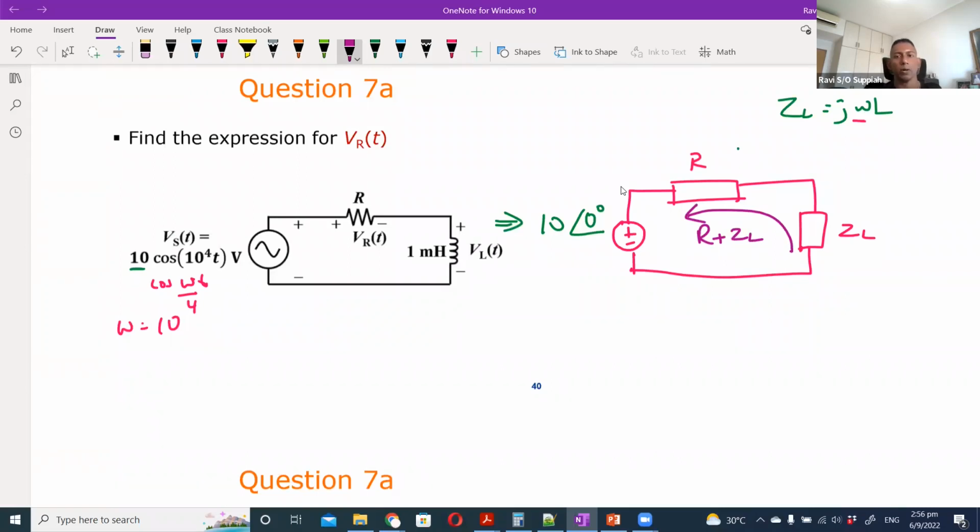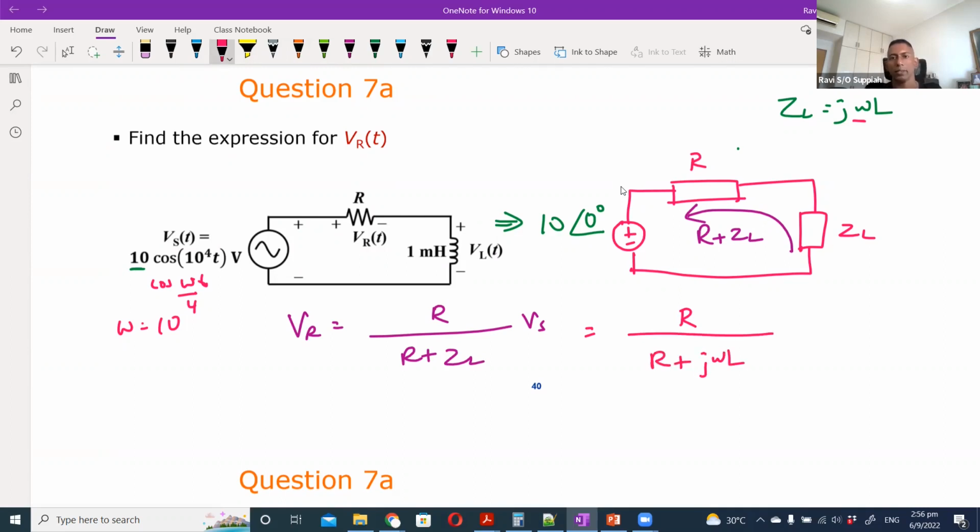The expression for VR is nothing more than the voltage divider rule: R over R plus ZL, multiplied by your Vs. If I put everything in phasor form, I get R over R plus j omega L, times Vm angle 0 degrees.